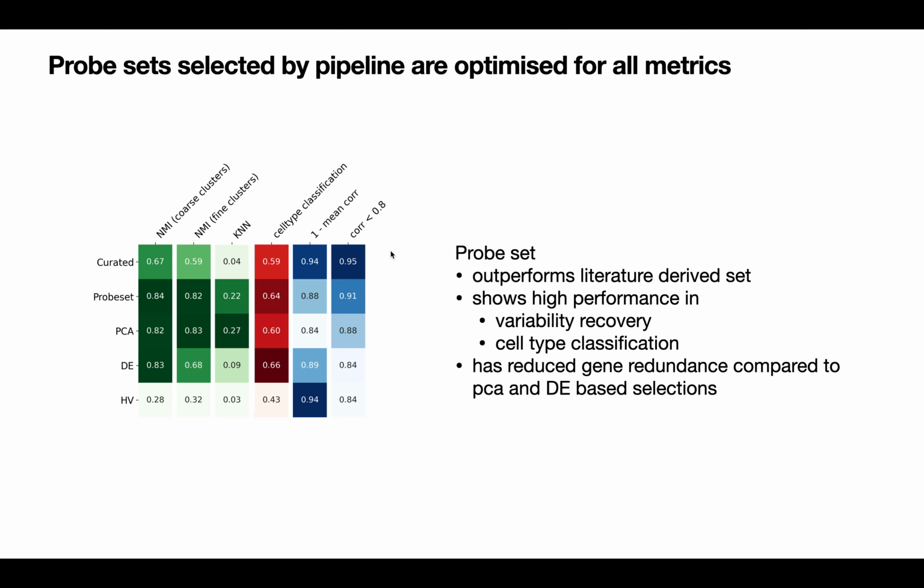And we also see that the literature-derived gene set doesn't perform so well here, for example, in the cell type recovery, and could also be better in the classification. And so with the evaluation suite, you can evaluate your probe set and check how you can improve it.